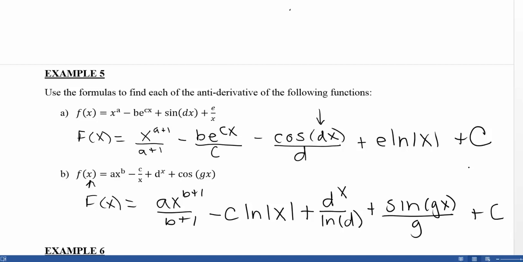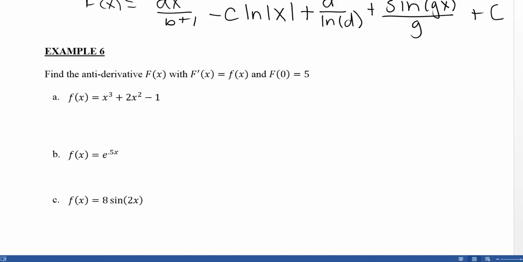So in the next example, we're going to look at how we deal with that situation when we have the initial data and how we're careful and go about solving for c. Example 6. Find the antiderivative and f of 0 equals 5. So that's the initial data we need to be able to solve for a specific antiderivative that has a c specific to this data.